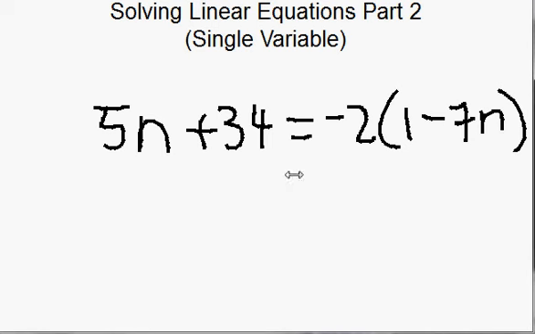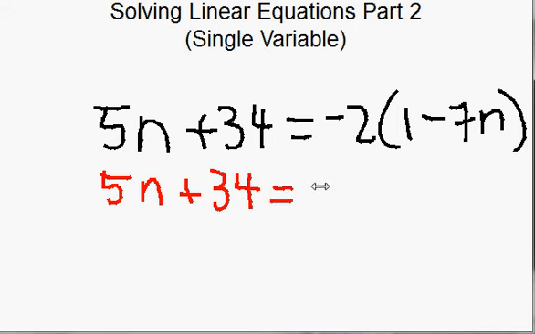So what would I get on the right here if I multiply it out? Let me just write the left side again. 5n plus 34. And on the right, what would I get, Abigail? Very good. And what minus a negative 14n?